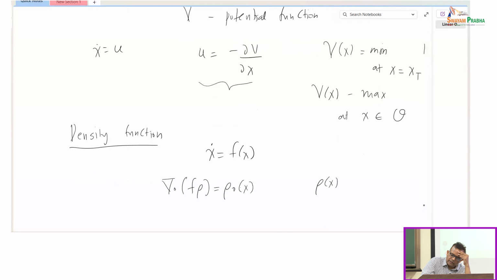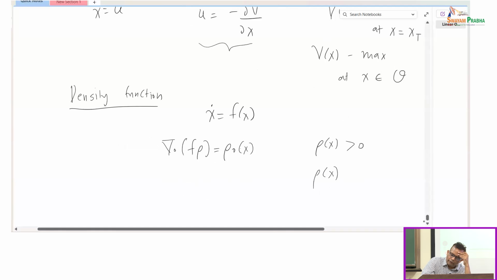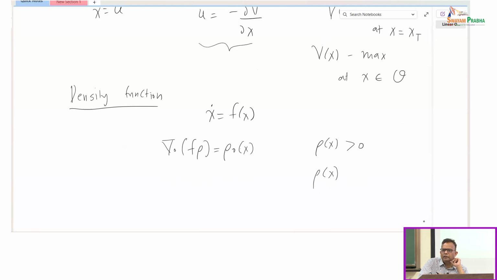Rho of x is positive. What I'm going to show you today is how to construct this density function analytically, which will allow you to solve this planning problem.